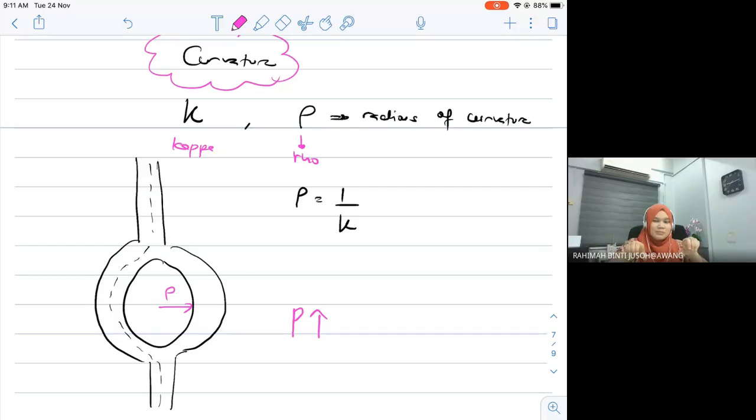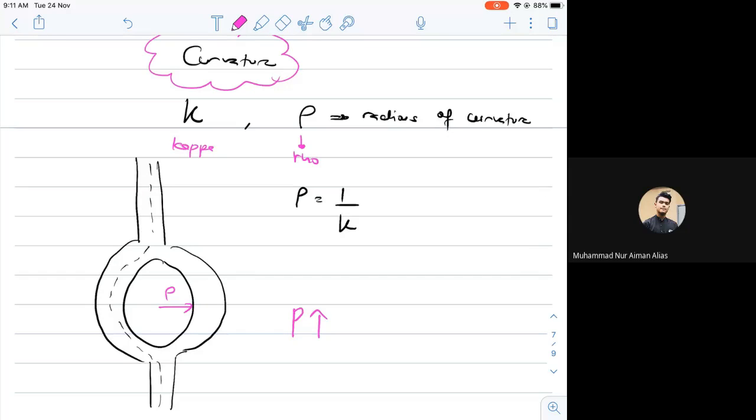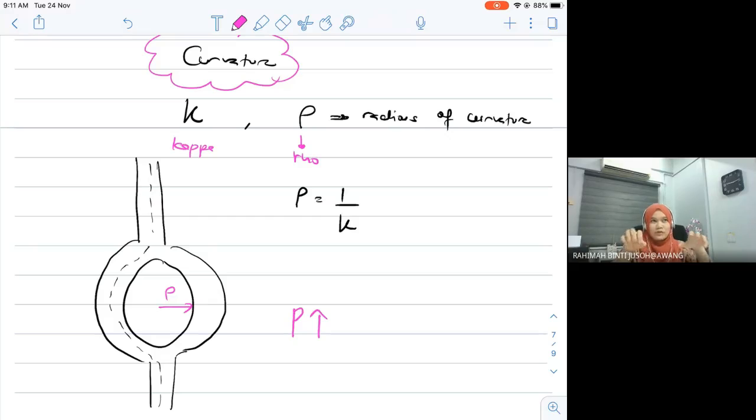Macam mana you nak pusing handle basikal tu? You pusing banyak ke sikit? Sikit-sikit. Smaller, right? Very small turning because it's a very big roundabout.